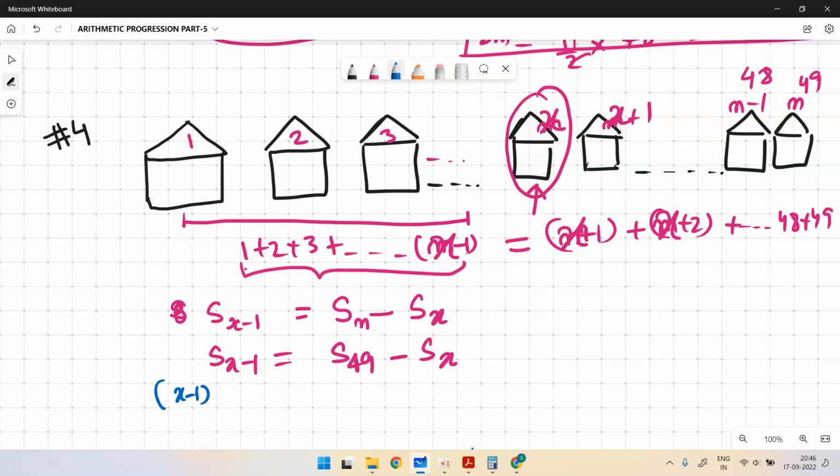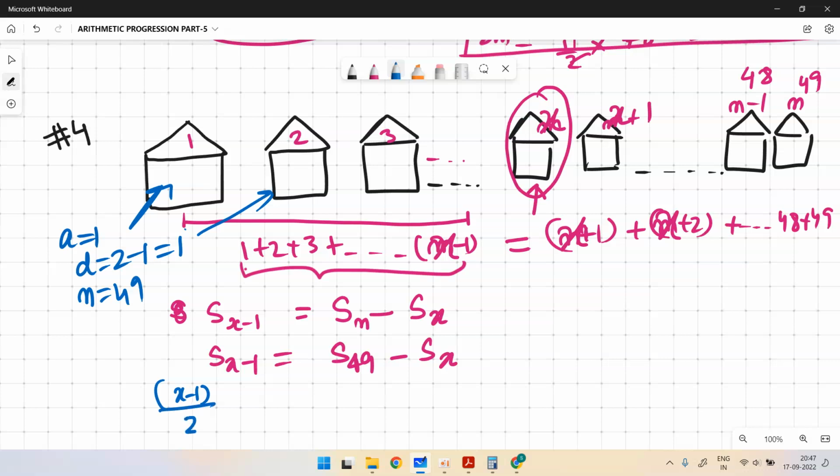Now, these house numbers form an AP, so a will be 1, d will be 2 minus 1, that is nothing but 1. And the number of terms, n, is given as 49.